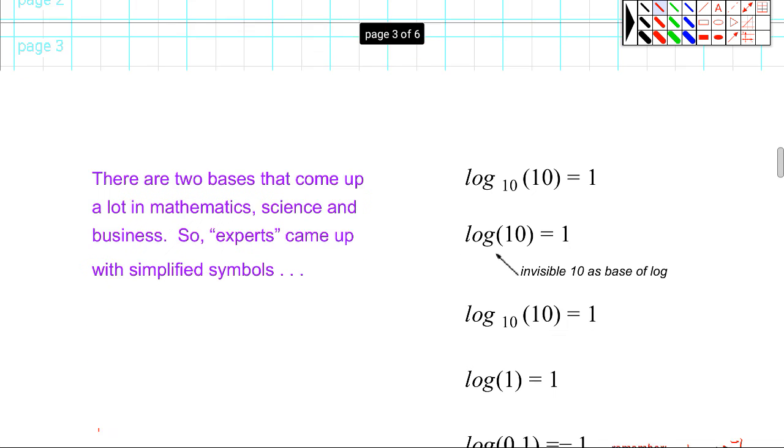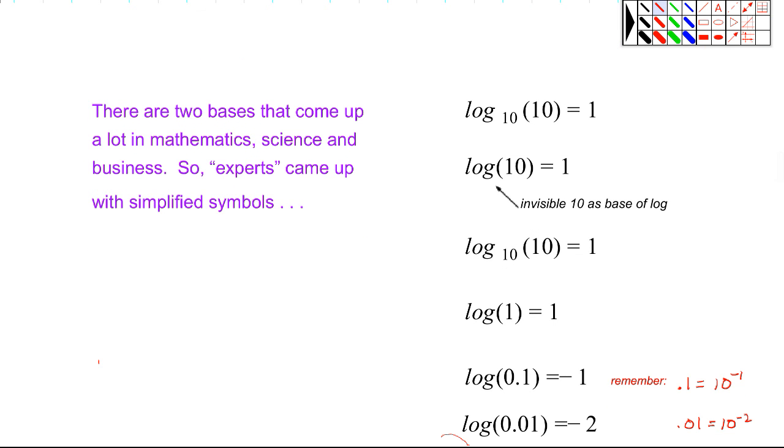Now, there are two bases that come up a lot in mathematics and science and business. So experts came up with some simplified symbols. So here we've got log base 10 of 10. It's pretty obvious that that's 1, because if you take 10 and raise it to the power of 1, you get 10.